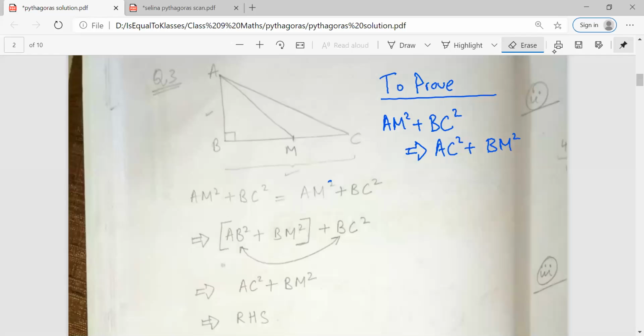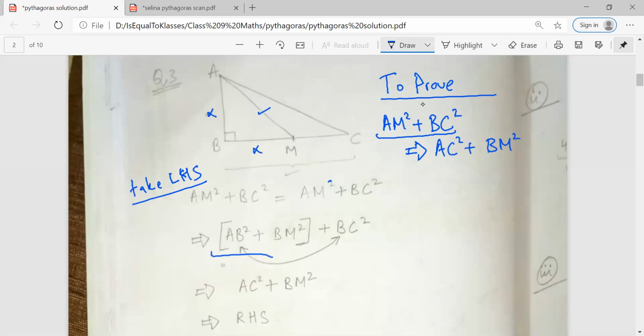So in this question, this is what we need to prove: AM square plus BC square is equal to AC square plus BM square. So I take the left hand side of what I need to prove. AM square can be written as AB square plus BM square.